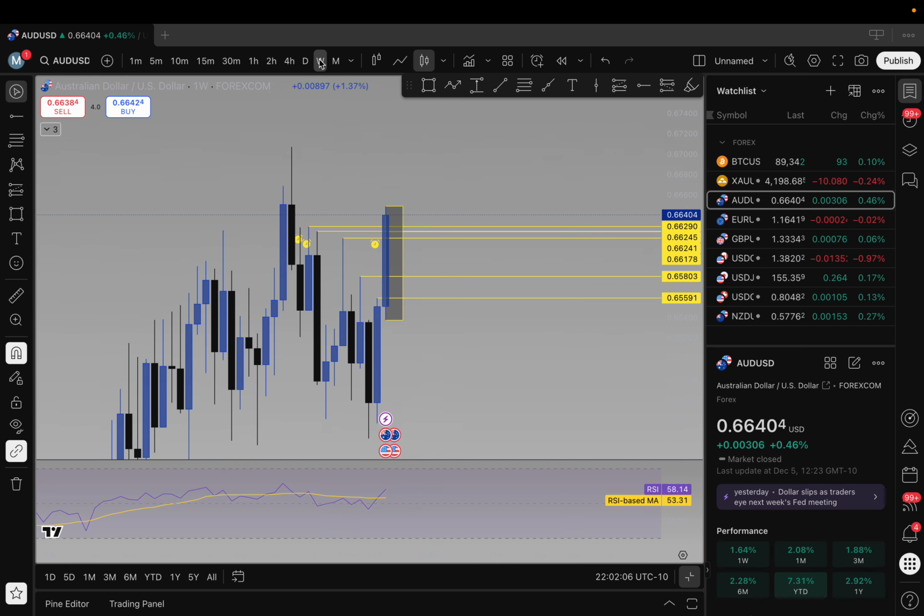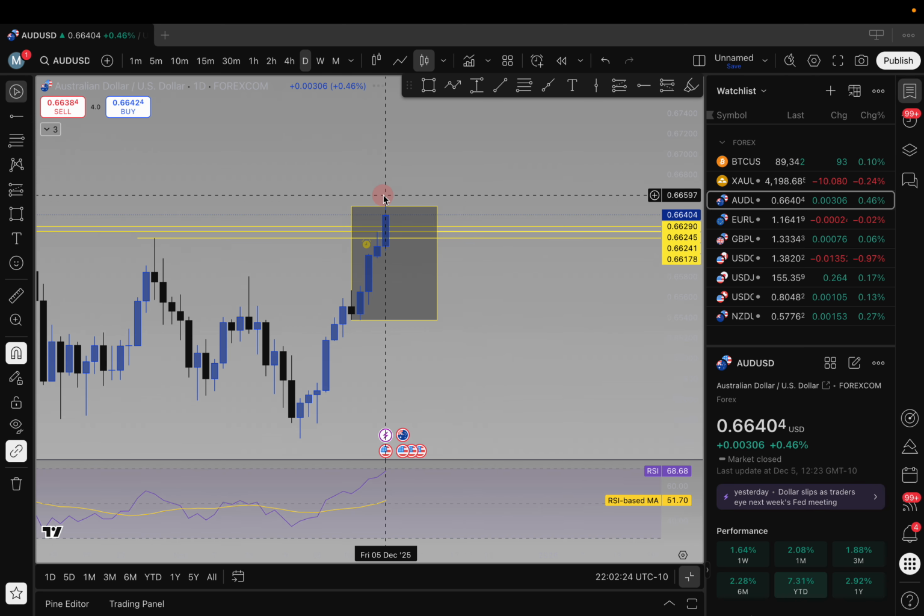But this is on a weekly. We're looking for the daily time frame to day trade, right? So let's delete this. So this is the new theory candle.